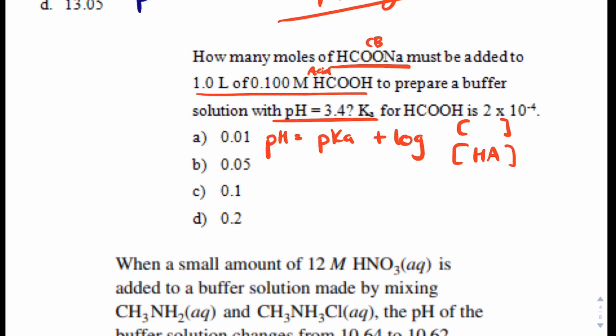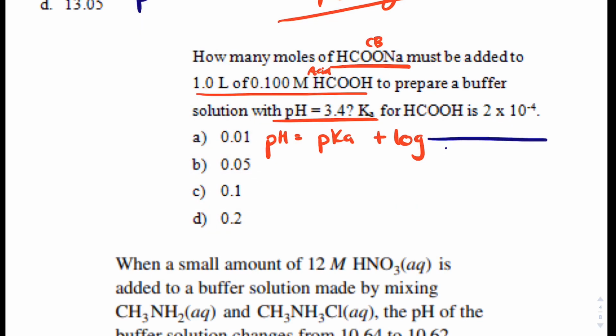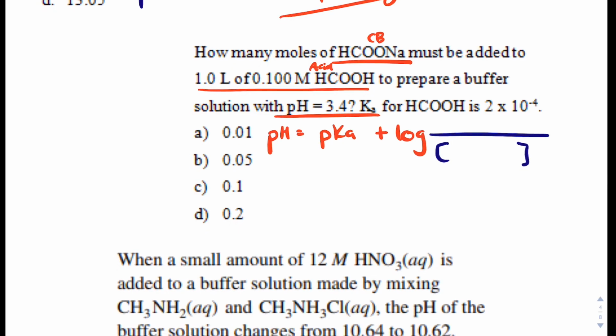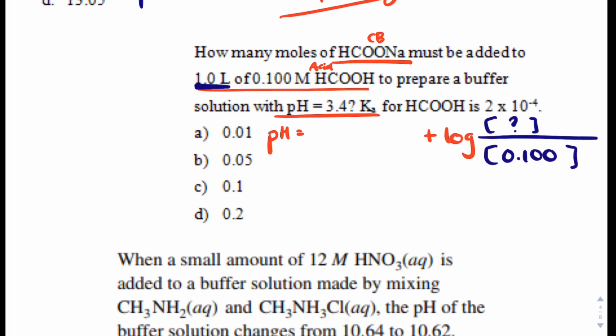So let's plug in some things here. The acid concentration is 0.100 molar. We are trying to solve for the conjugate base concentration. And since we have a 1 liter solution, when we solve for that molarity, that will also be the moles, because remember, molarity is equal to moles when the volume is 1. pKa here is just negative log of Ka, so minus log of 2 times 10 to the minus 4.